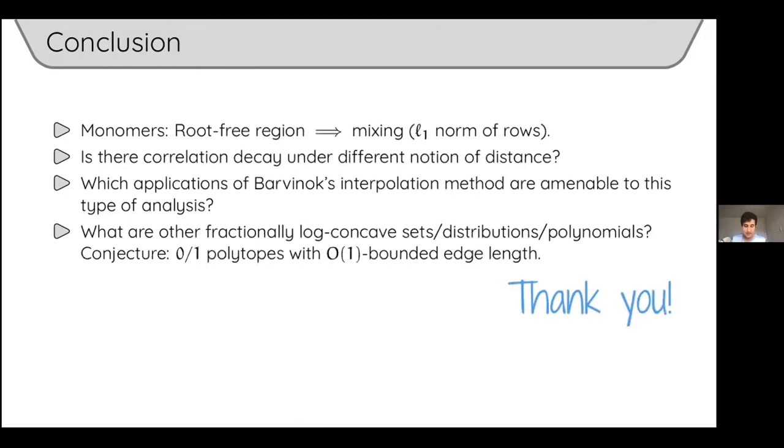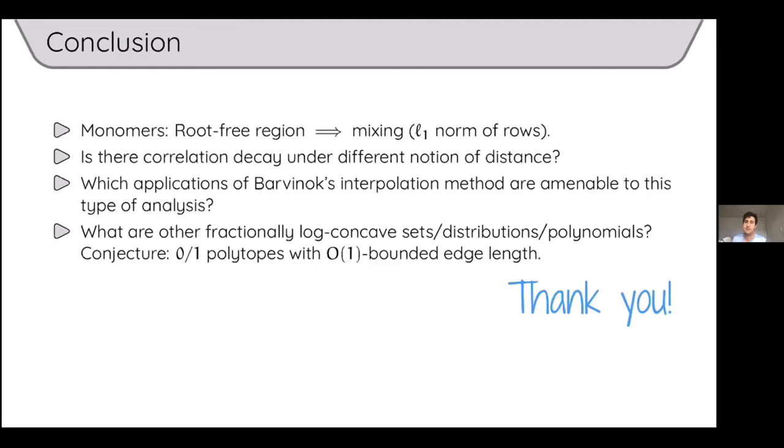All right, and finally, the major open question is, what are other distributions that basically fall under this notion of spectral independence? So one concrete conjecture here is, if you take a set of 0,1 vectors whose convex hull always has bounded edge lengths, then the correlation matrix should always be bounded by a function of those edge lengths.